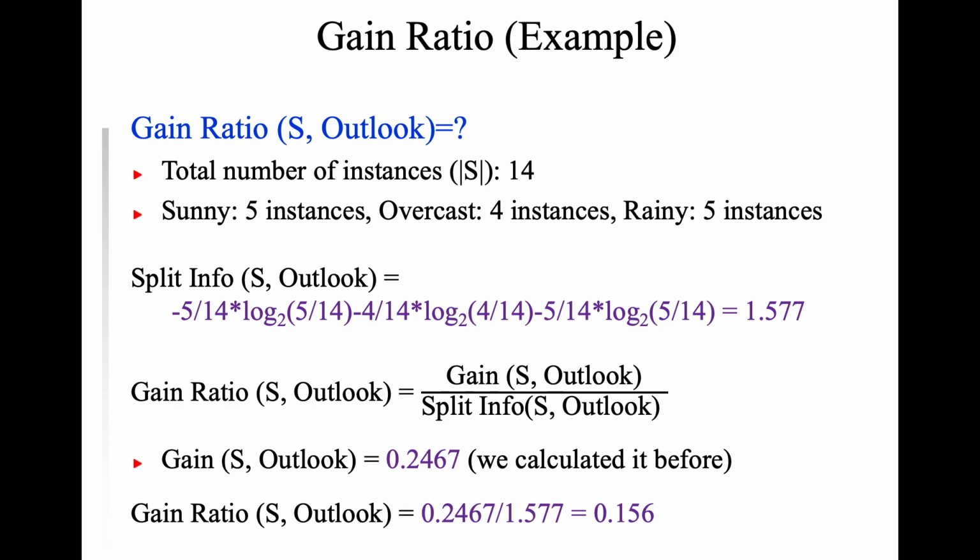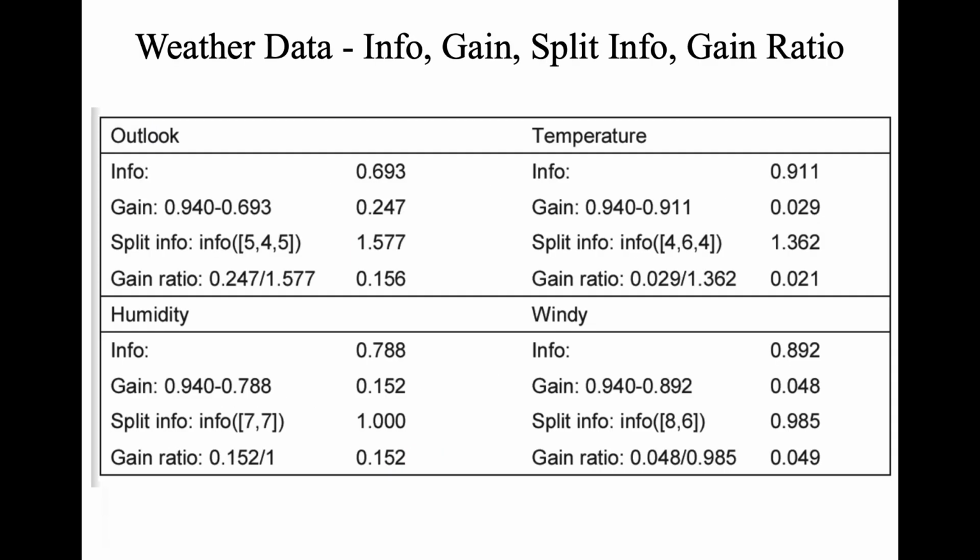Multiply by log, and then we sum for all other branches, so for the rainy and the overcast. Now we penalize that information gain value by dividing it by this number. So now you see that the gain ratio of S with respect to outlook is 0.156. So it's a smaller number, right? So it reduced the information gain.